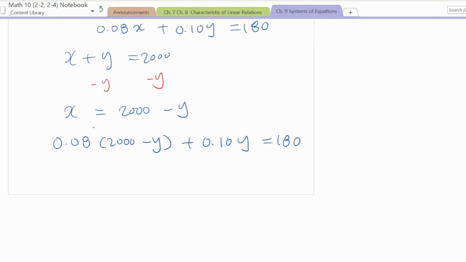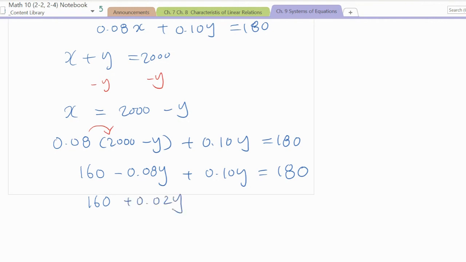Okay, so let's distribute it. 0.08 times 2000 is 160. You can just use your calculator if you cannot do mental math. So 0.08 times negative y will be minus 0.08y, plus 0.10y, equals 190. Okay, 160 minus 0.08y plus 0.10y, that will be plus 0.02y, equals 190.